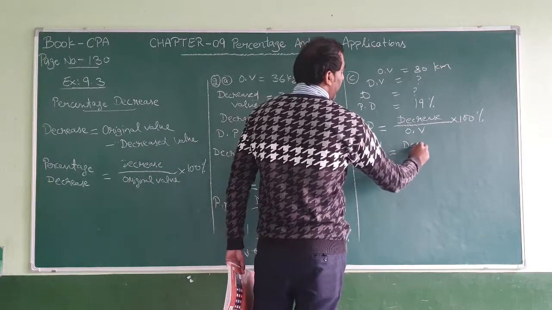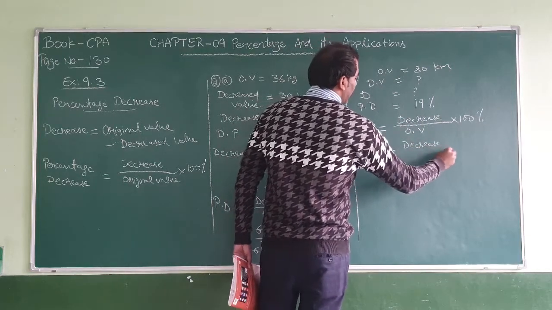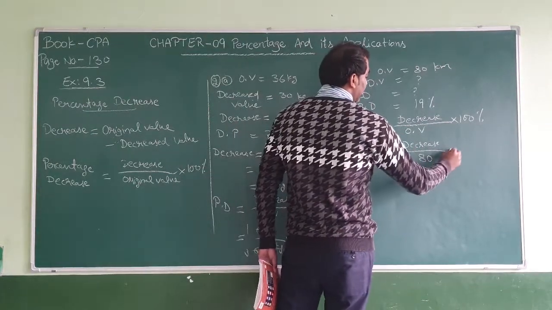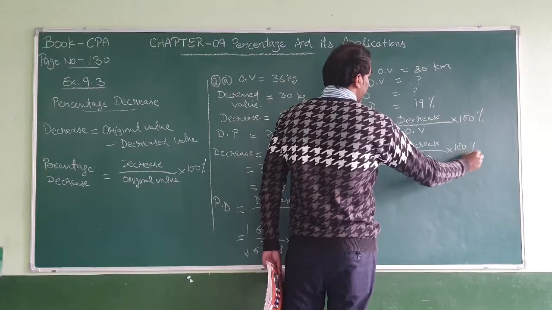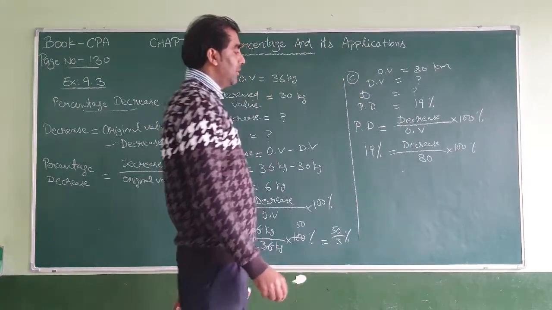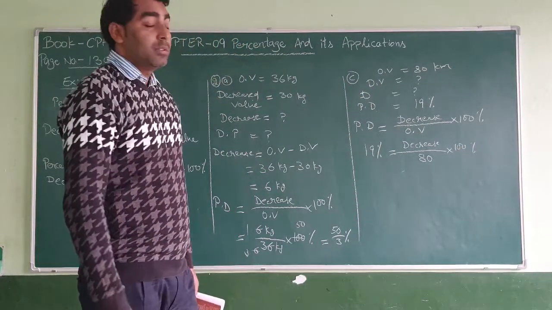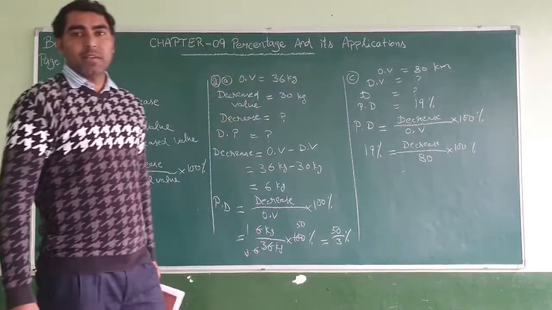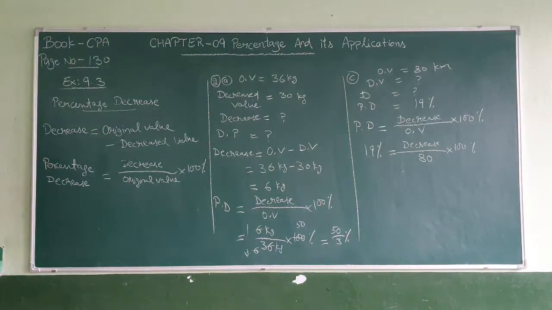Decrease, we have no value. Original value we have 80 km. Multiply 100%. Now solve this.